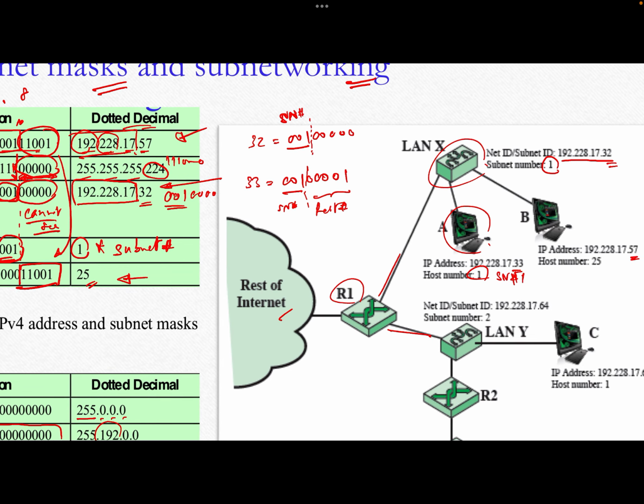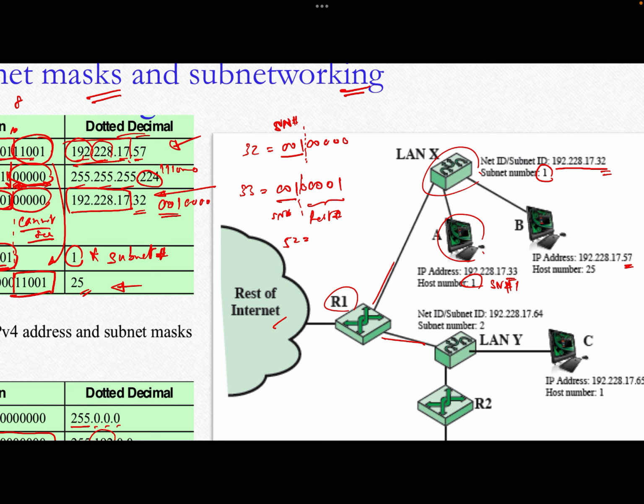I can write it again. 57 is 001 and then 11001. So this is the subnet number and this is the host number. So when you calculate, only the host number is 25. But the total, including the subnet number and the host number, is 57.